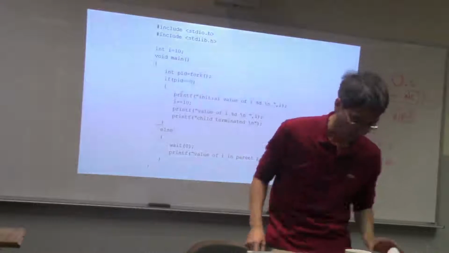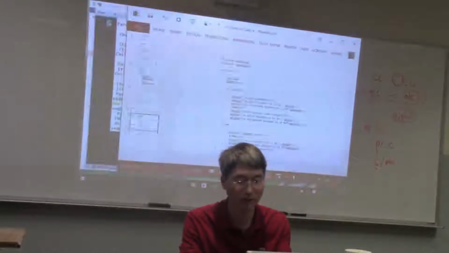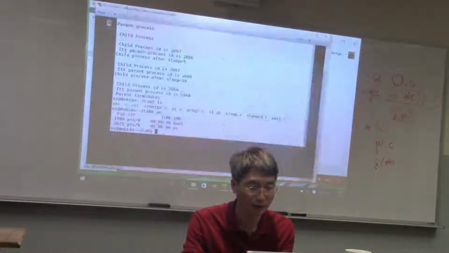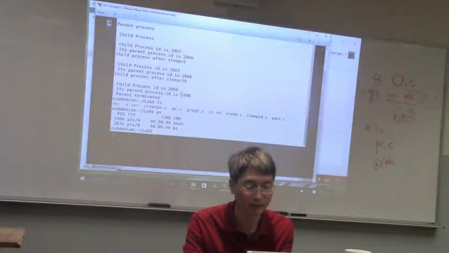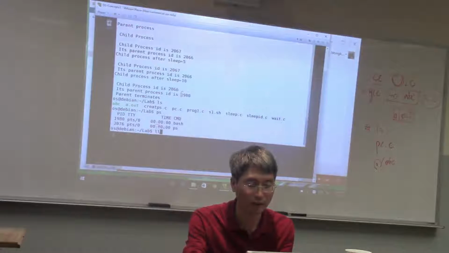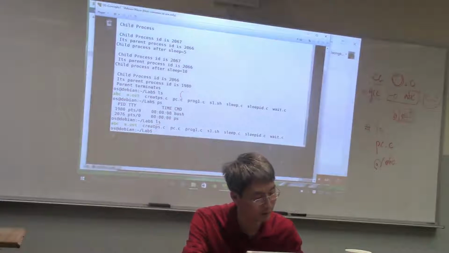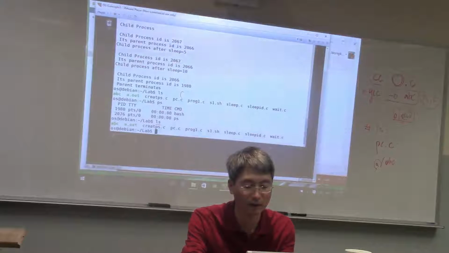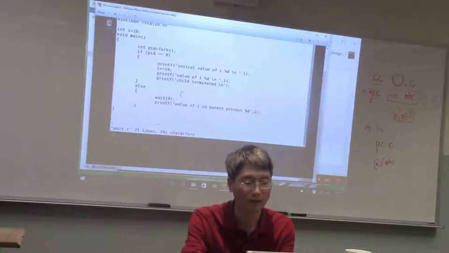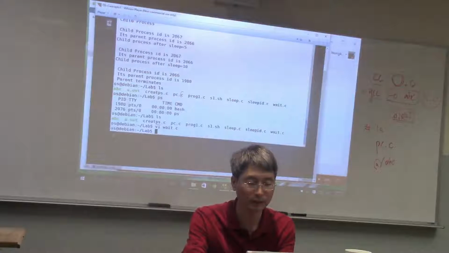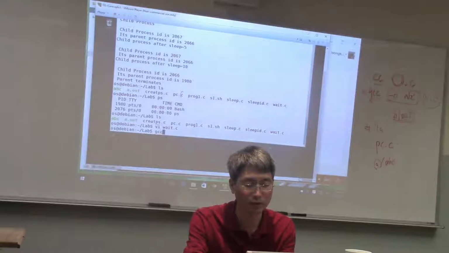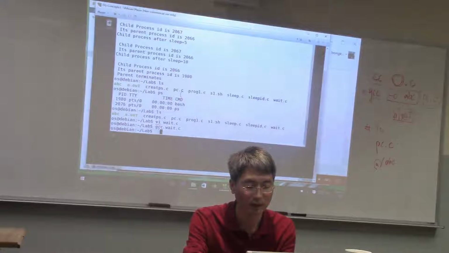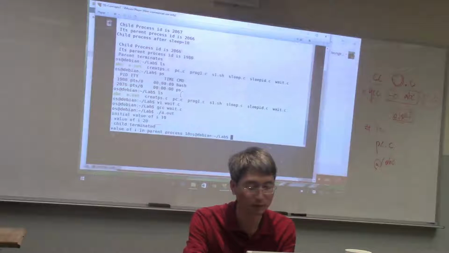So after editing and compiling, I already created the wait.c file. Then compile using GCC or CC, then a.out.